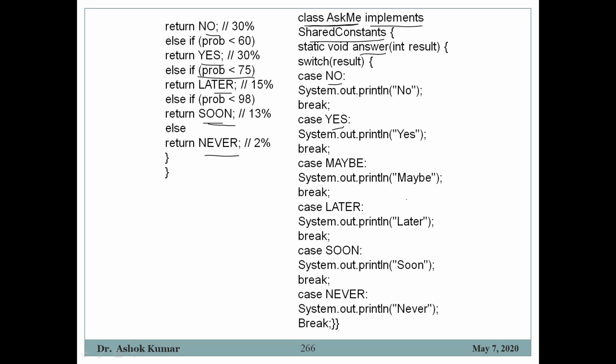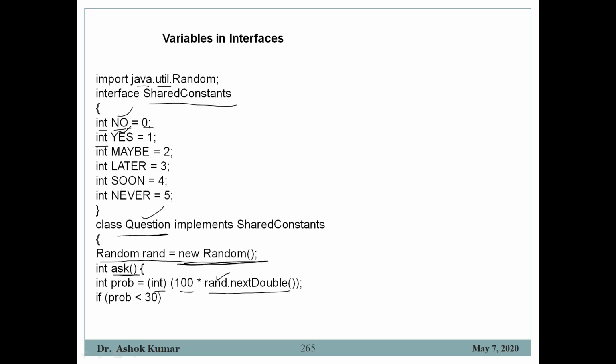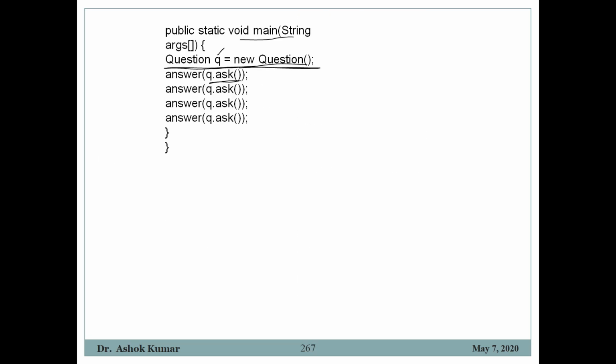Based on the value that this returns, because ask will return any value from 0 to 5 depending upon the random number that we get from the Random object, the q.ask call will return any number from 0 to 5, and with that the answer method will be called.